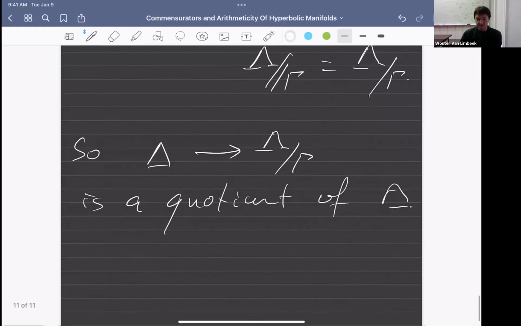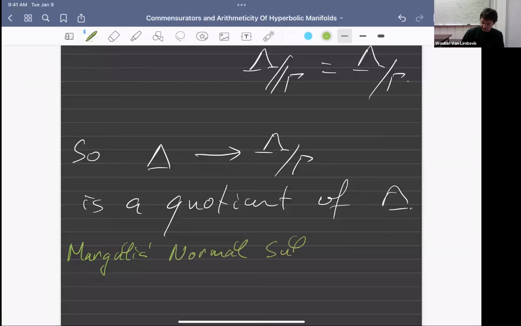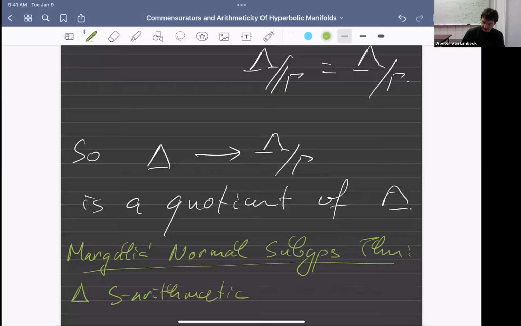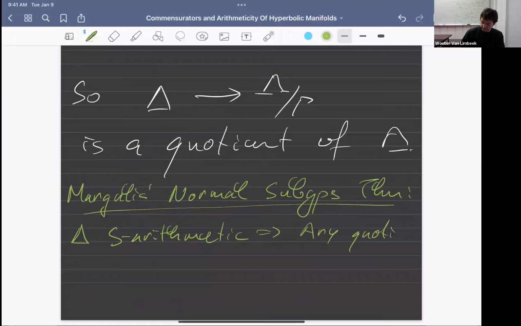But if you're familiar with S-arithmetic groups, then at this point all the alarm bells go off because this is impossible. Margulis's normal subgroup theorem says that because delta is S-arithmetic, any quotient is any infinite, sorry, how to say?